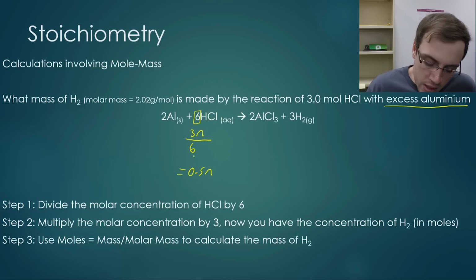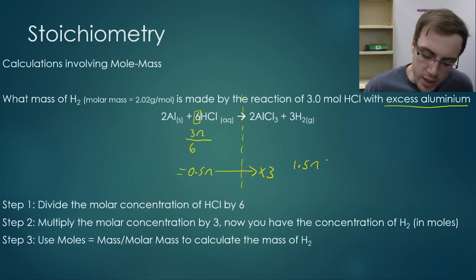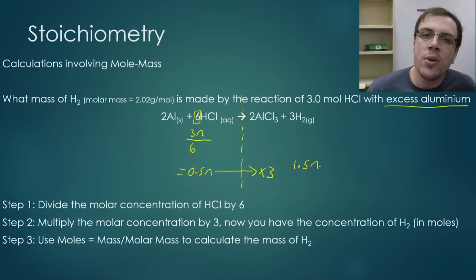Now, when we want to compare this to H2, we can multiply this number by 3 because that is the coefficient at the front of our hydrogens. So 0.5 times 3 is 1.5 moles. So now that we know the amount of 3H2 is 1.5 moles, we can now use our moles, mass, molar mass equation.